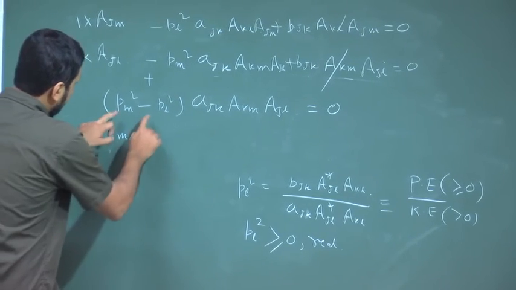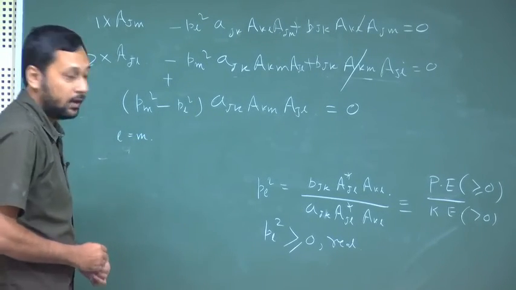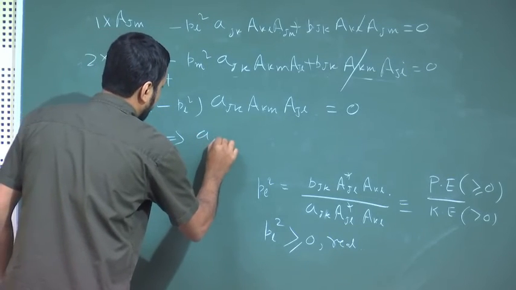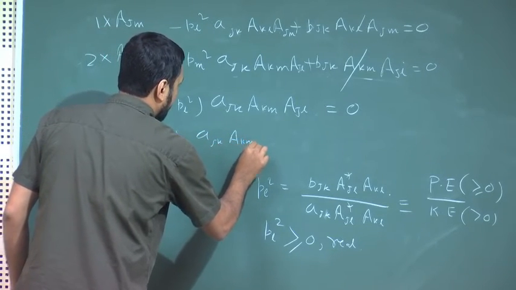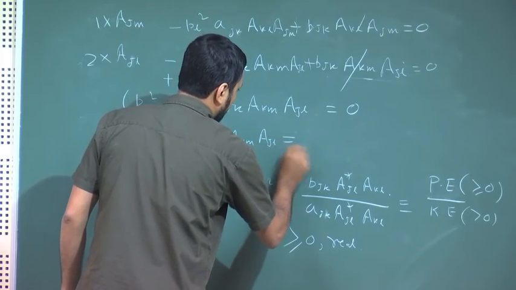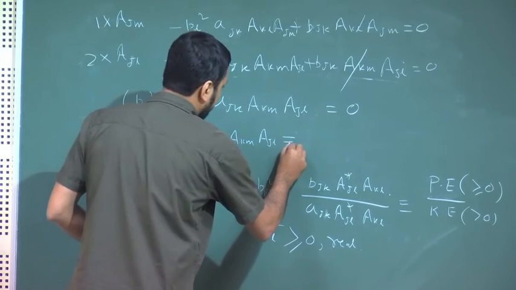We see that P m is equal to P l and this term immediately goes to 0. If this is the case, then this is equal to 0, and A jk A km A jl, we can set this as undefined.